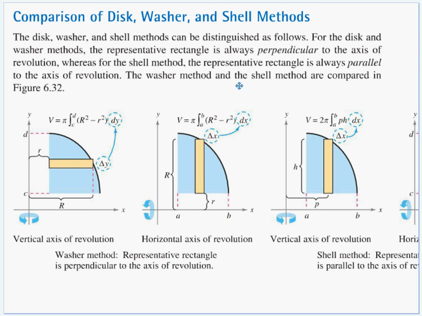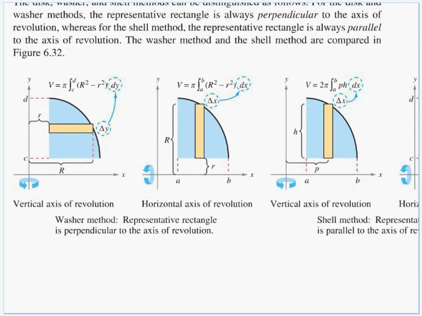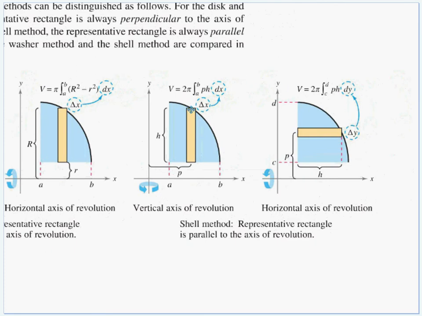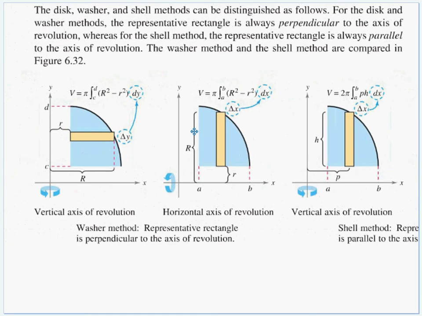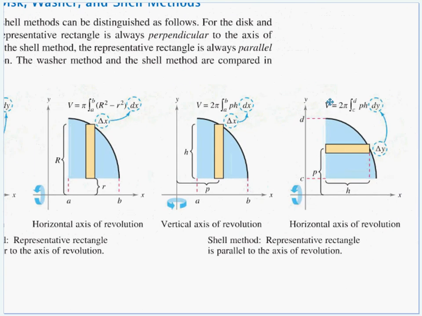The washer method and shell method can be compared in the figures. So let's see here. What we got on the left is the disk and washer, and then on the right we have the shell method. Notice on disk and washer it's a pi in front of our integral symbol. For the shell method it's a 2 pi.